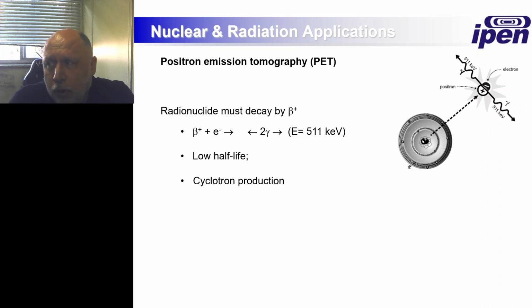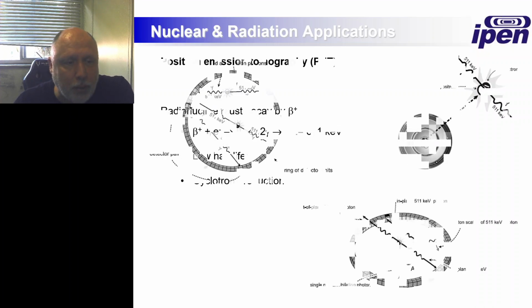You will be radioactive for some time. If you do something with iodine, you will be radioactive for some time too, right? These radionuclides, as they are beta plus decayers, have to be produced in cyclotrons, and usually in a cyclotron inside the hospital, because the half-life is very low. That's why it gets to be quite expensive.